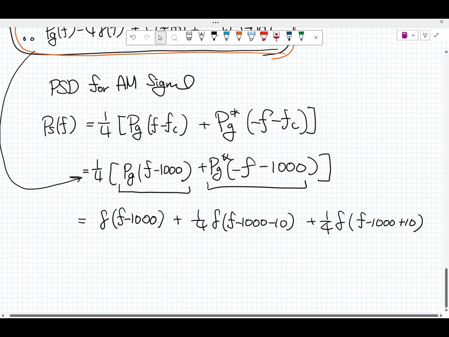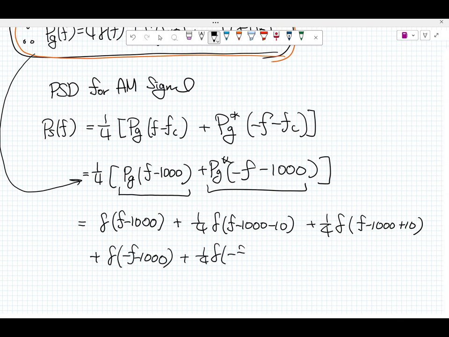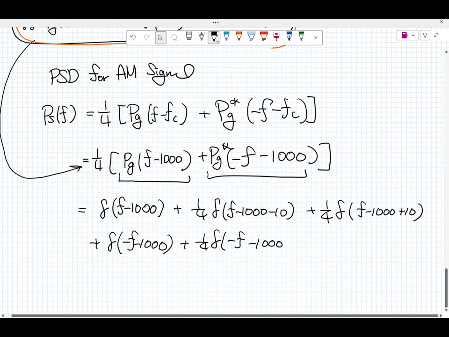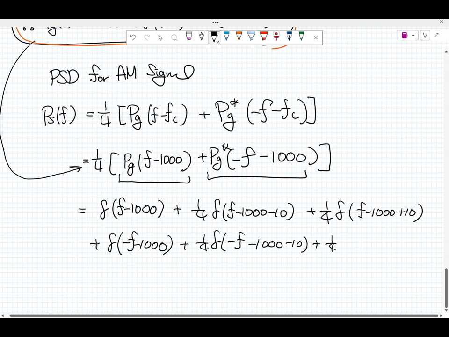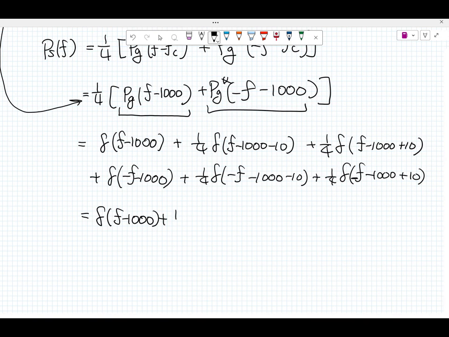And also the 1/4 delta of minus f minus 1000 plus 1/4 of minus f minus 1000 minus 10 plus 1/4 of minus 1000 minus 10. So finally, that was f minus 1000 plus 1/4 delta.